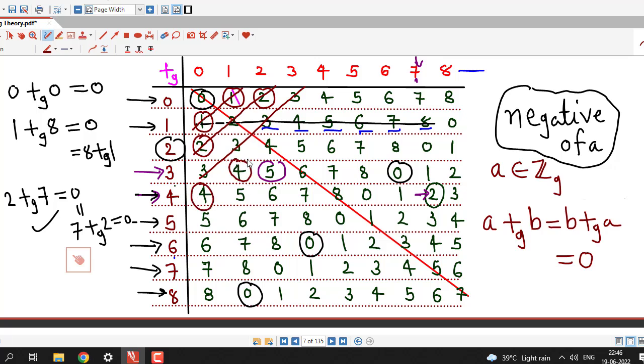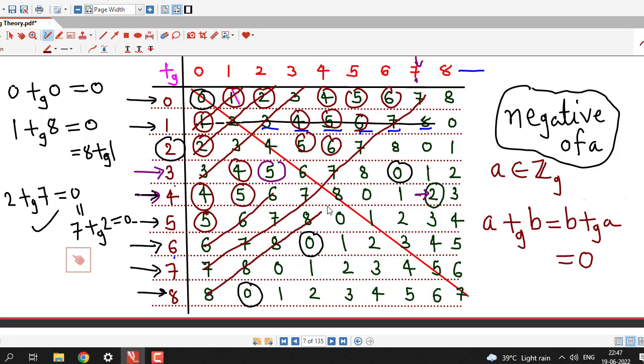Similarly, I have 4 two times here, 5 two times, 6 three times, and 7 four times. You can see similarly all the entries are symmetric with respect to the main diagonal.